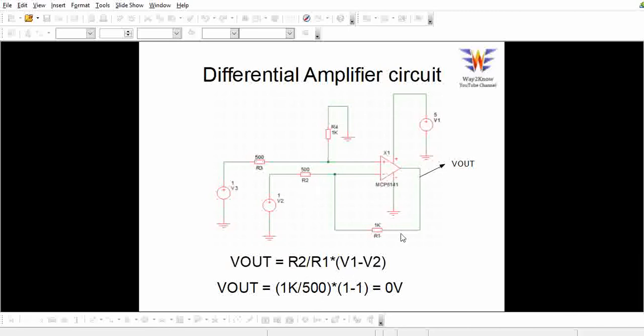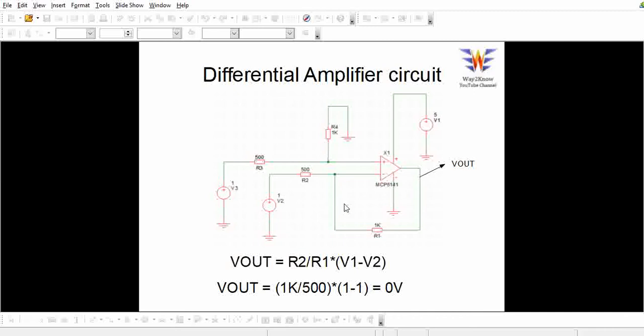Here we considered a scenario where the resistors connected at the non-inverting terminal and the resistors connected at the inverting terminal are matched.